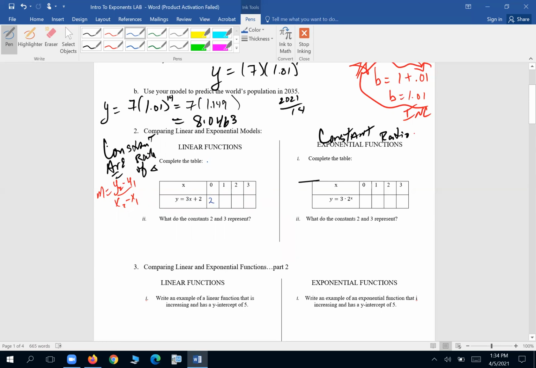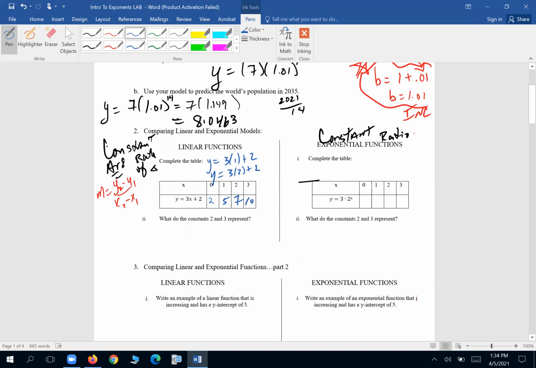Then 3 times 1 plus 2 for the next one, which would be 5. And then y equals 3 times 2 plus 2, what is that, 7? So notice I'm increasing by 3 every time, and you can fill out your chart that way.